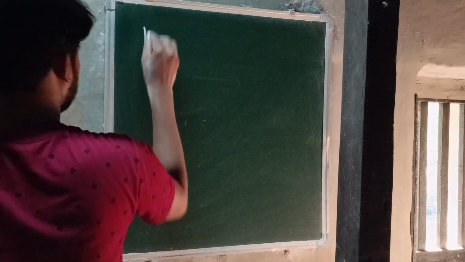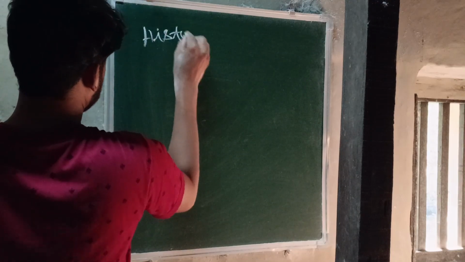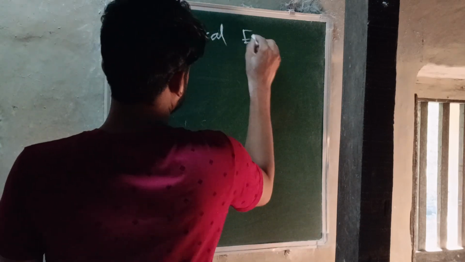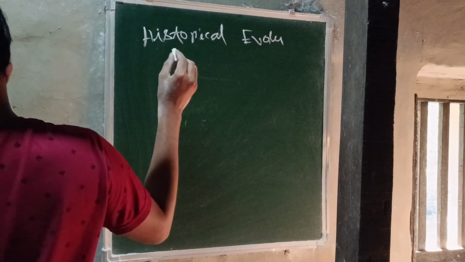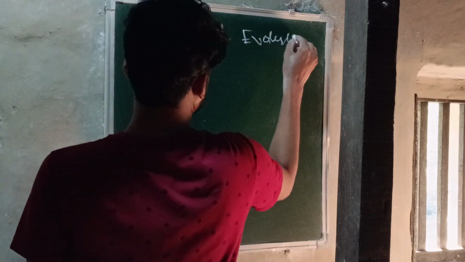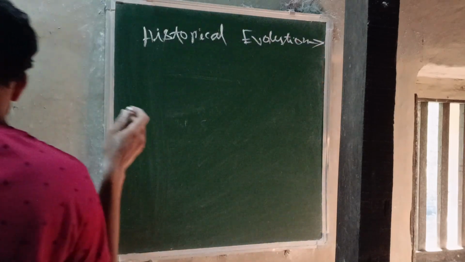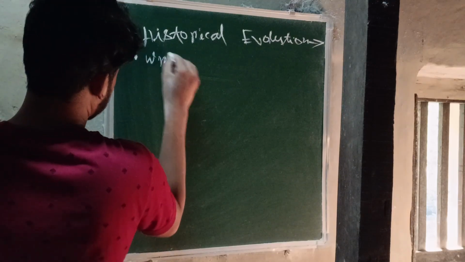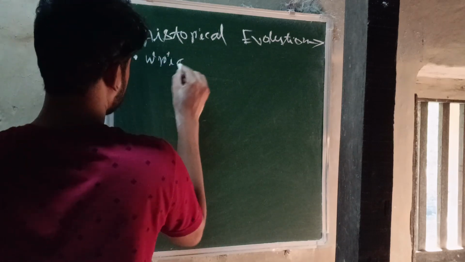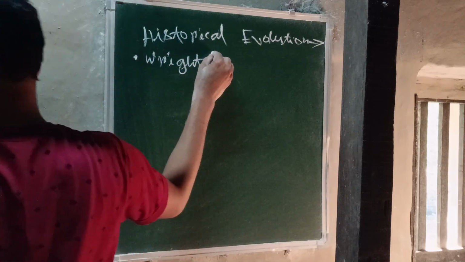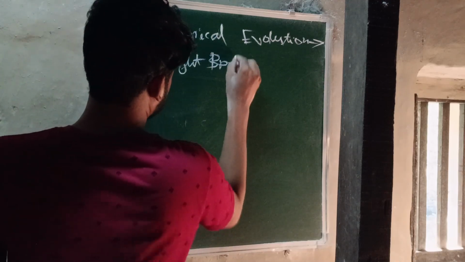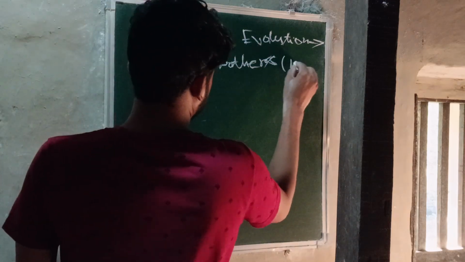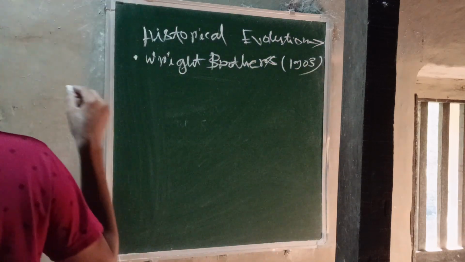Then we learn about the historical evolution of aerospace engineering. At first, the story of the Wright brothers in the year 1903.